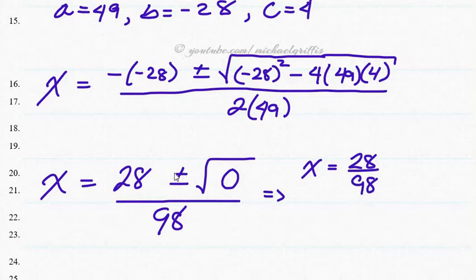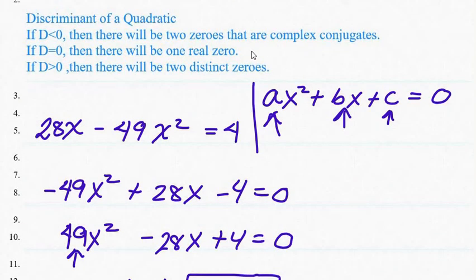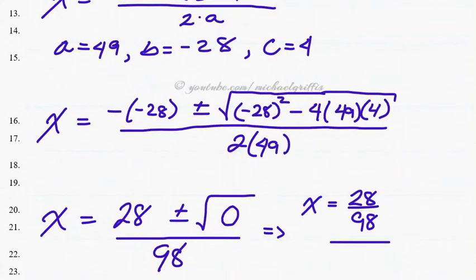See, what we got going on here is we got 28 plus 0 over 98 and 28 minus 0 over 98. Okay? Let's go back up here real quick. Where does this fall? Right here. The discriminant is equal to 0, then there will be one real 0, and they say of multiplicity two.